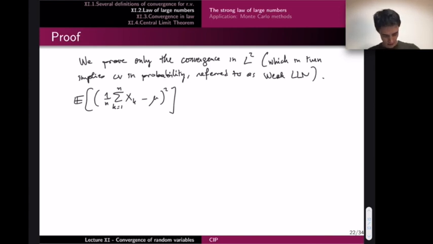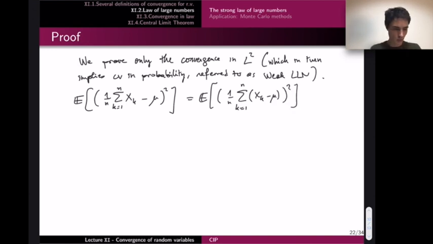I will put this slightly differently. I will put the mu inside the sum, so that it's the expectation of the square of 1 over n times the sum for k equals 1 to n of Xk minus mu. It's just a small algebraic trick.